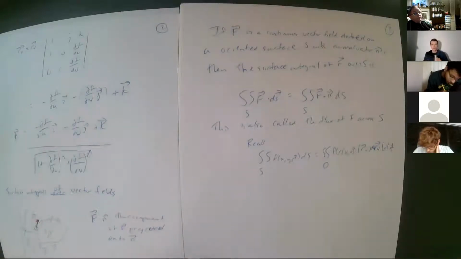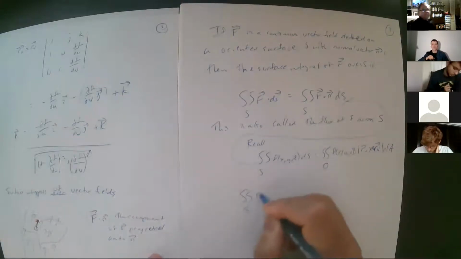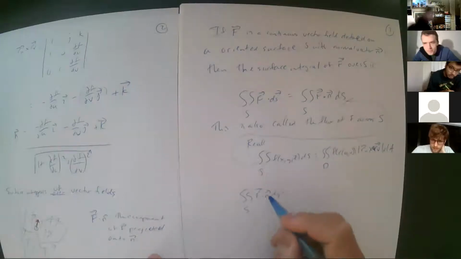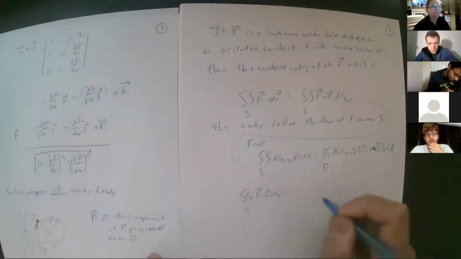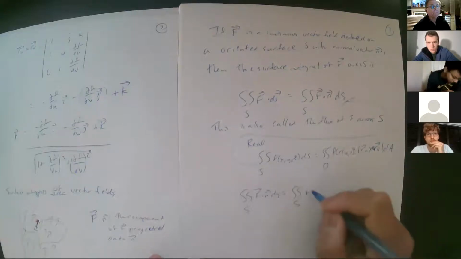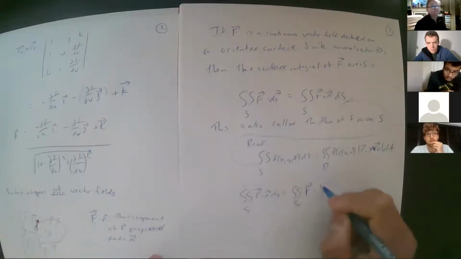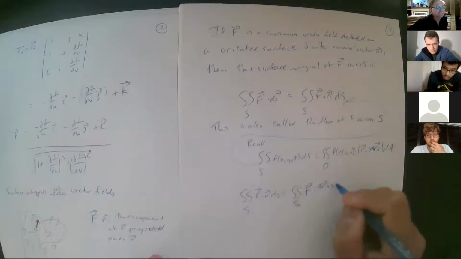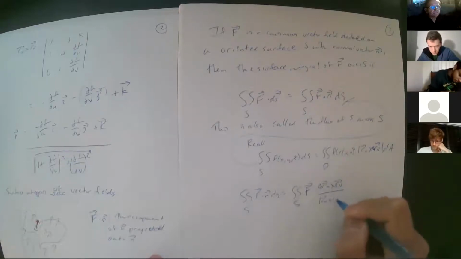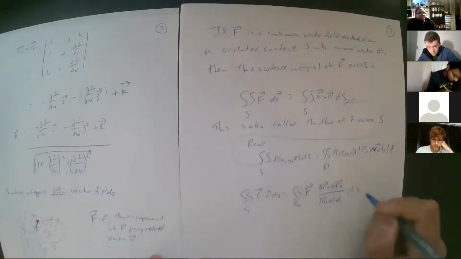Okay, so let's apply this to right here. f dot n dS. This is equal to, well, what is this? This is f dot (ru cross rv) divided by the length of ru cross rv, dS.